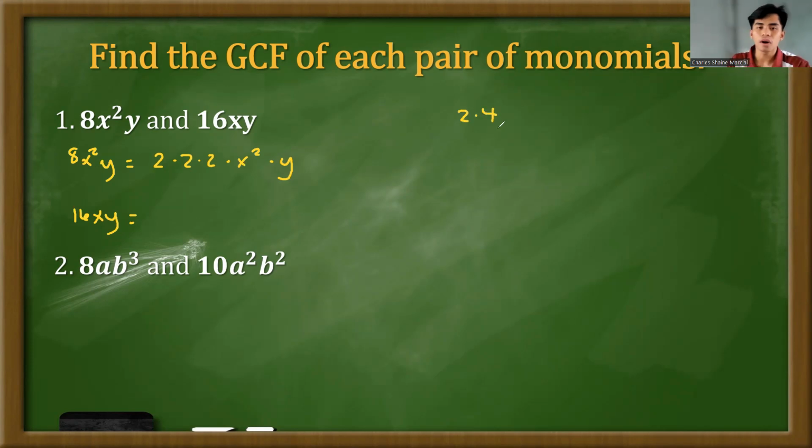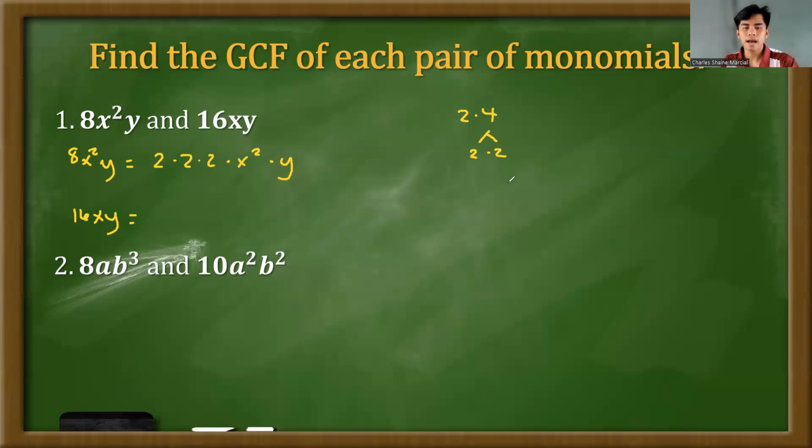Hindi po, kasi sabi kanina sa prime factorization, ang kukunin natin is yung product ng prime numbers. Di ba? Pag sinabing prime numbers, 1 and the number itself lang yung pwedeng makapag-multiply sa kanila. So, ibig sabihin, itong 4, hindi pa siya prime number kasi pwede pa natin siyang i-expand sa 2 times 2.